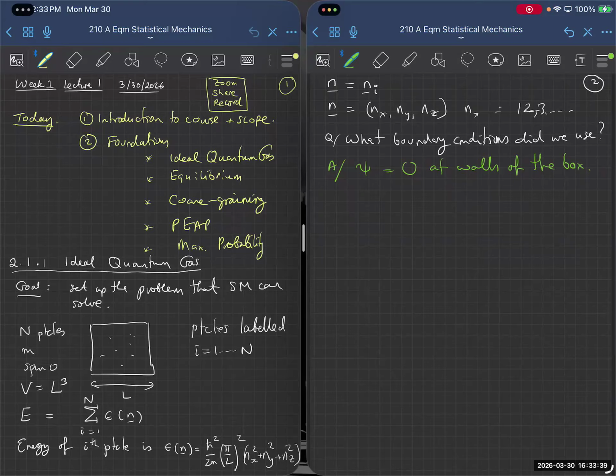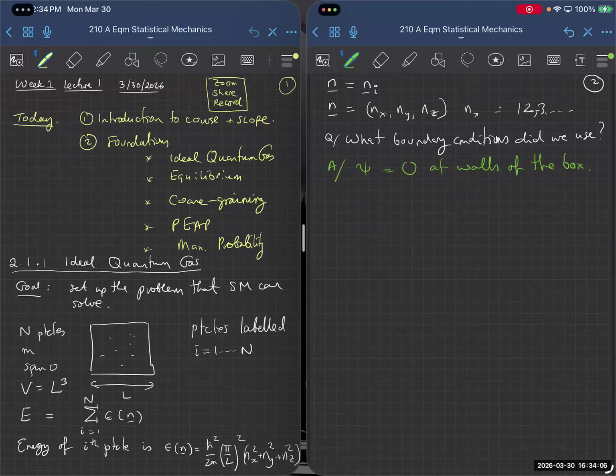I'm going to ask you to do this in the homework. We're going to do some big calculations shortly, and in the homework, you're going to get to do the calculation using a different sort of boundary conditions. What other boundary conditions could we use if we didn't use the wave function vanishing at the walls of the box? What would be a popular choice, particularly amongst theoretical physicists? Periodic boundary conditions.